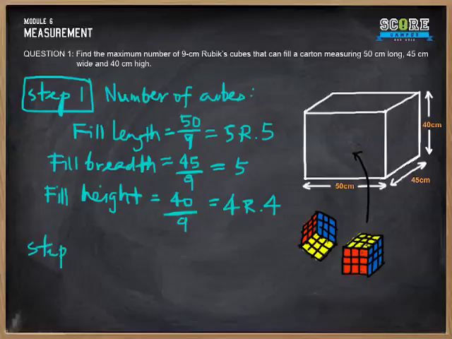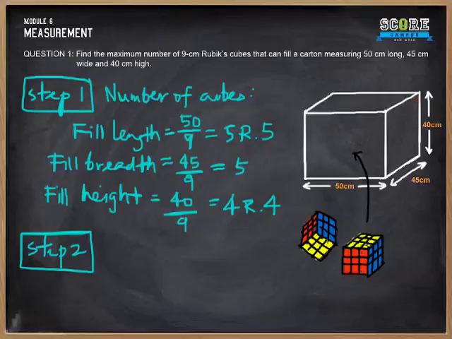Now let's look at the diagram again, before we get to step 2. On the length side of it, we can put 5. On the breadth side of it, we can put 5. When we put 5 on the length, there's going to be a small gap, which is okay. On the height, we can put 4, and there's going to be a small gap on top.